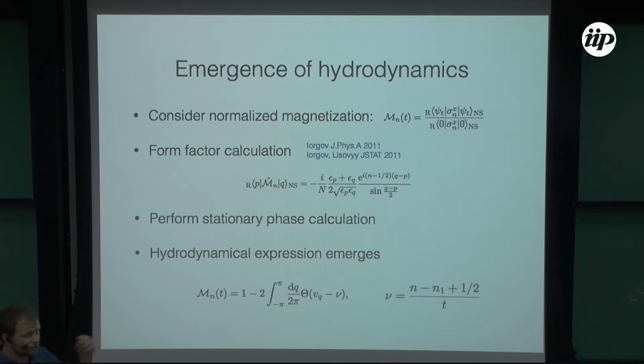In the time evolution, each of them carries a single spin flip, the density of it. So you just have to add them all together, and you see these are plus or minus ones. So if it's a plus one, then it turns the magnetization to 1 minus 2 times 1. So this really corresponds to a spin flip. So if I consider this very simple initial condition, it turns out that the hydrodynamic formula emerges as we wish.